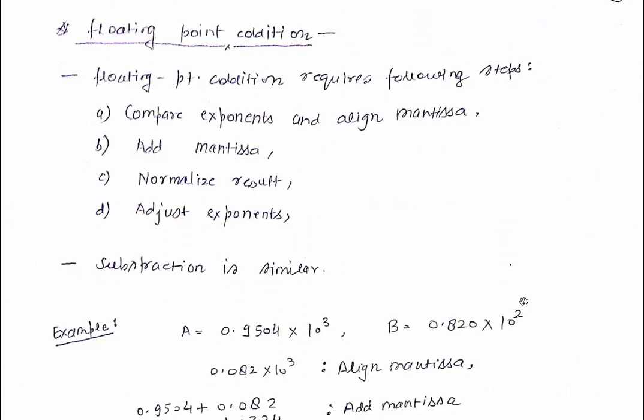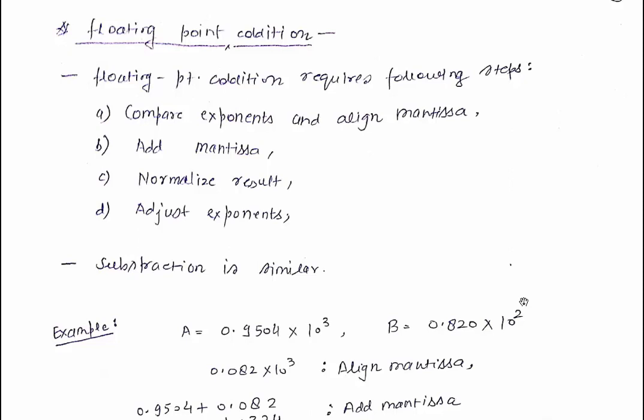Now we are first looking at the floating point addition operation in this arithmetic pipeline lecture. I have already told you in the floating point arithmetic and integer arithmetic lectures that there are four steps. The first step is to compare the exponents and align the mantissa with respect to the smaller exponent.